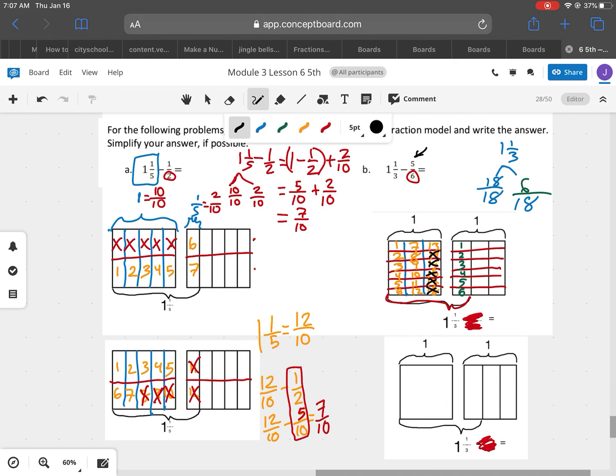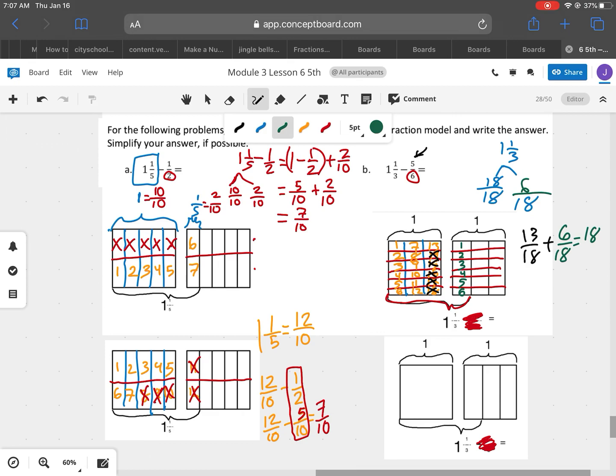That leaves me with 13. So I have 13/18, and I'm going to add my 6/18. And that is going to give me 18 18ths. No, that's wrong.